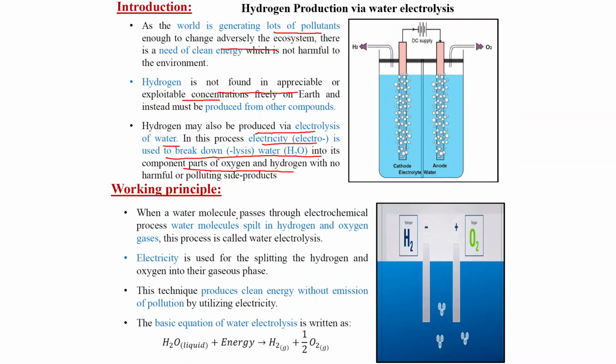So when a water molecule passes through an electrochemical process, water molecules split into hydrogen and oxygen, and this process is called water electrolysis. Electricity is used for the splitting of water into hydrogen and oxygen in their gaseous phases. This technique produces clean energy without emission of pollutants by utilizing electricity. So this is the reaction. Liquid water is used, we provide potential, and it produces hydrogen and oxygen. Okay.